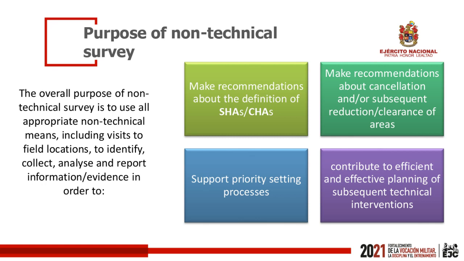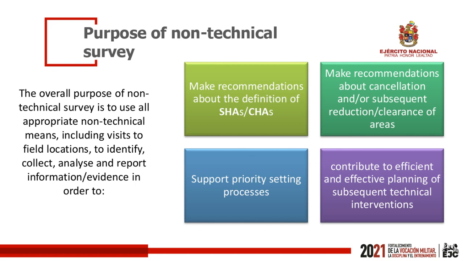After that, another point that is necessary to take into account is to make recommendations about the cancellation or subsequent reduction of clearance areas. Maybe the people think that a big area has contamination by mines, but when the technical survey team goes to the area and visits it, not all the area has contamination by mines or explosive devices.